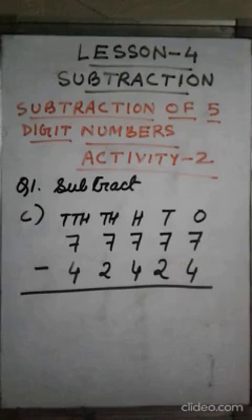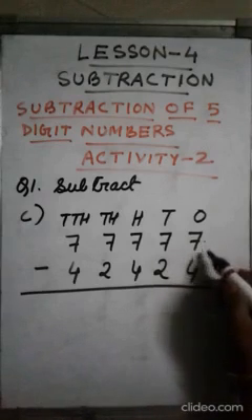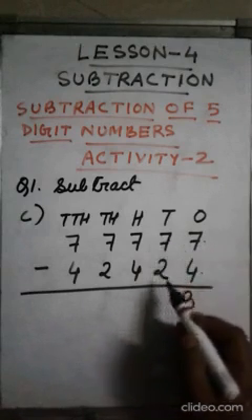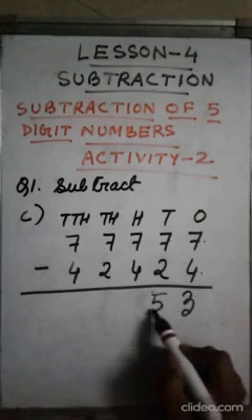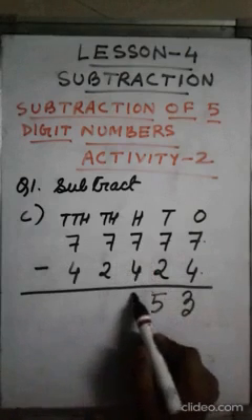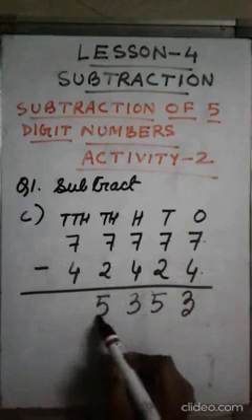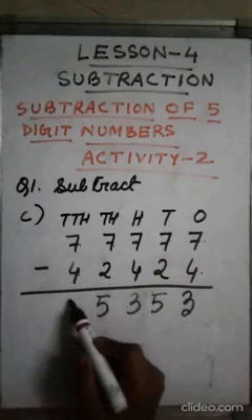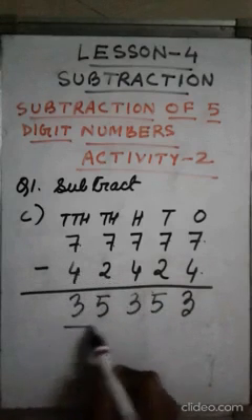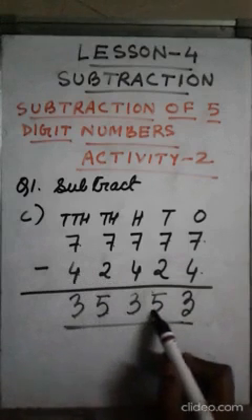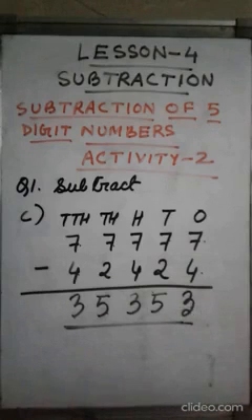So here 7 minus 4 is 3. 7 minus 2 is 5. 7 minus 4 is 3. 7 minus 2 is 5. 7 minus 4 is 3. So my answer is 35,353.